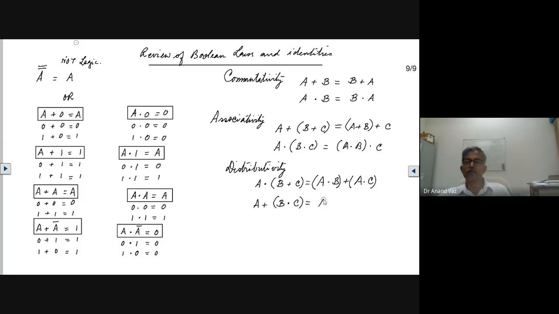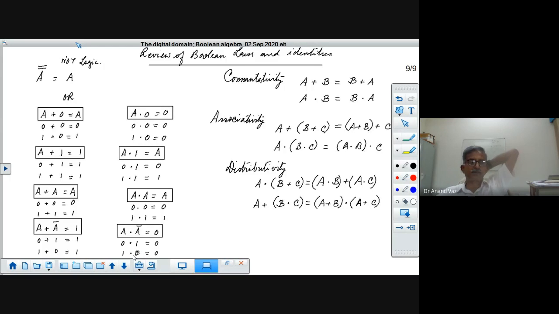So A or B and A or C. Okay. So you have the distributivity, law of distributivity. You have certain other very interesting identities also. Let us just review them. Save this.